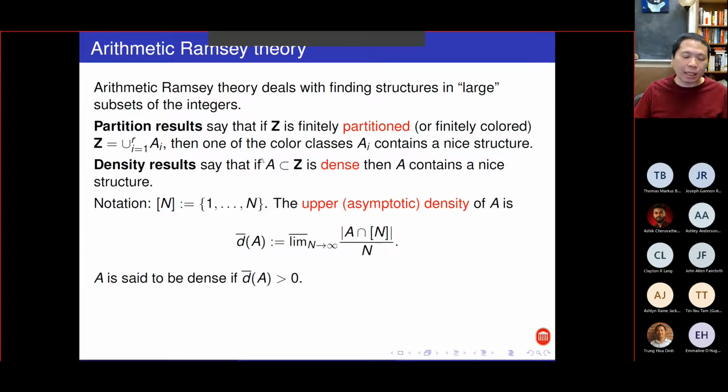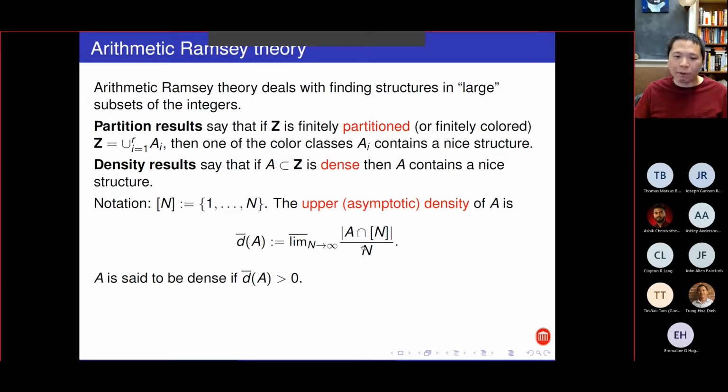Okay, so let us introduce some notation. This [n] in brackets means the set of all integers from 1 to n. And I define the upper asymptotic density of my set A as the lim sup, when n goes to infinity, of the proportion of A in the interval from 1 to n.